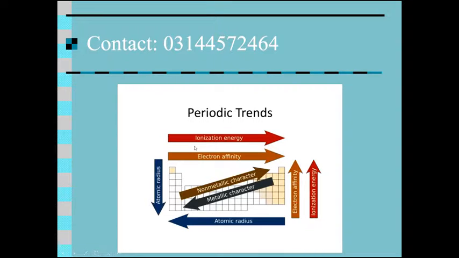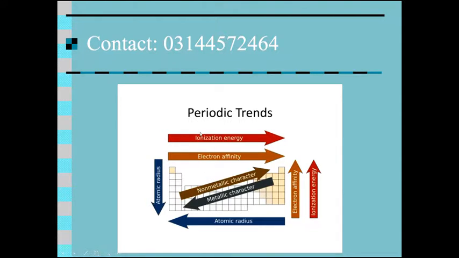And from left to right, electron affinity increases, electronegativity increases, and atomic radius decreases. So from left to right, metallic character also decreases, like atomic radius, and non-metallic character increases from left to right in the periodic table. From right to left, atomic radius increases.